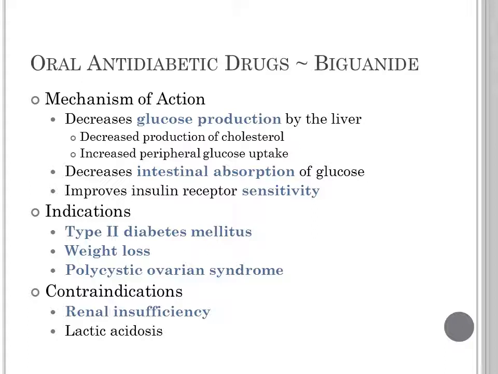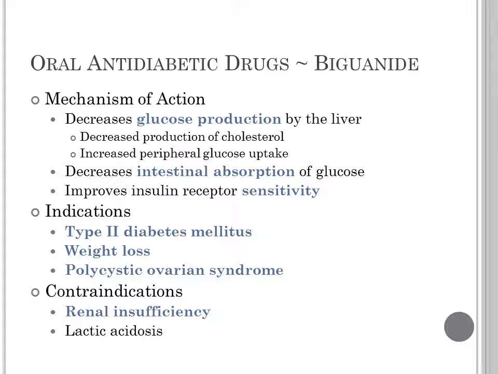Now, although this is an amazing drug, there are a few contraindications with it. The first one's going to be renal insufficiency. Although this is a great drug for diabetic patients, it is very hard on the kidneys. So if a patient already has compromised kidney function, this might not be an appropriate drug.